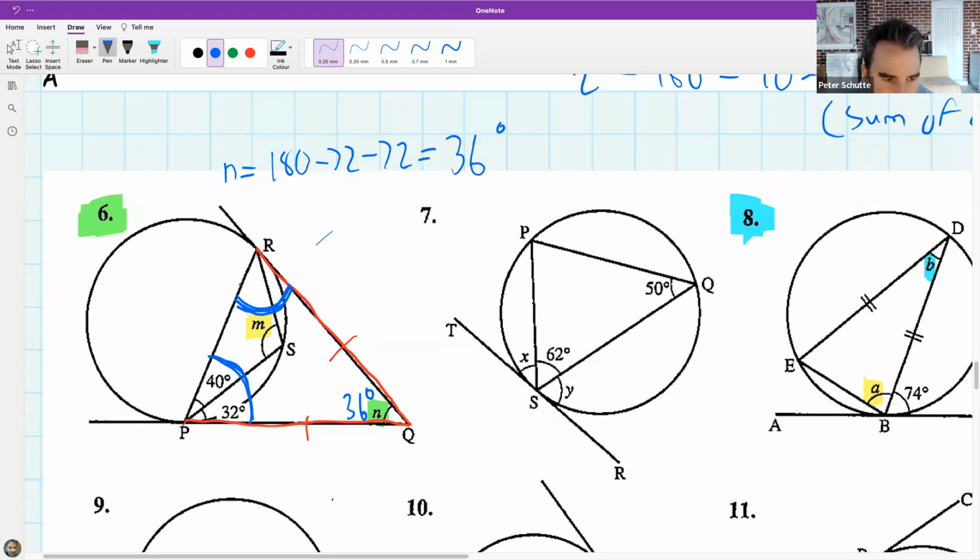Now I'm wondering, how do I get M? This is a bit trickier. Would anybody be willing to share their thinking for M? Letty, let's go to you. So what I did was that the two angles next to M are equal, so they're both 40 degrees.